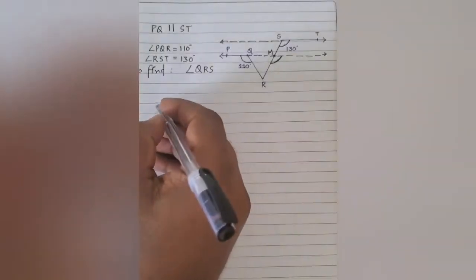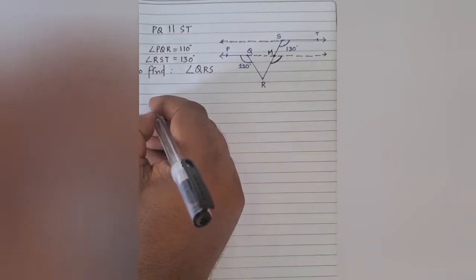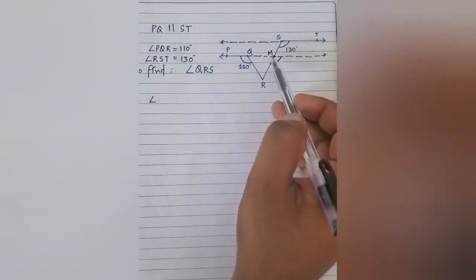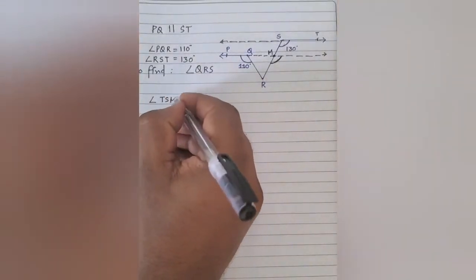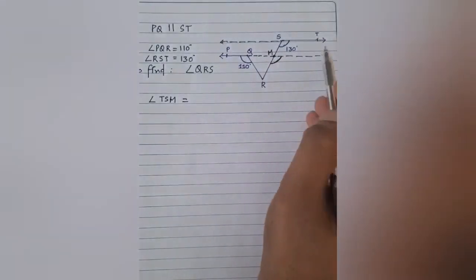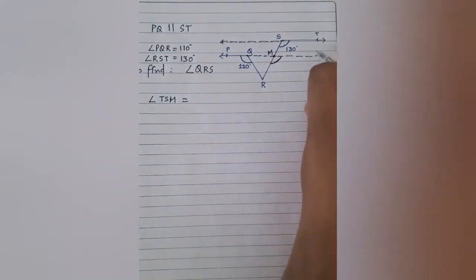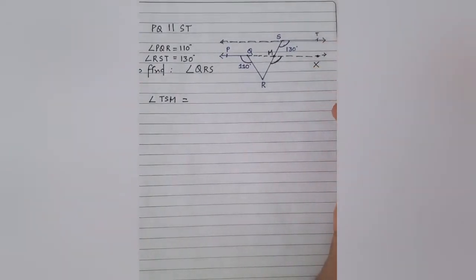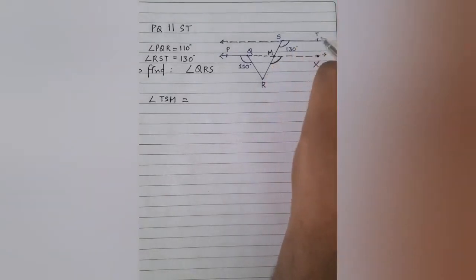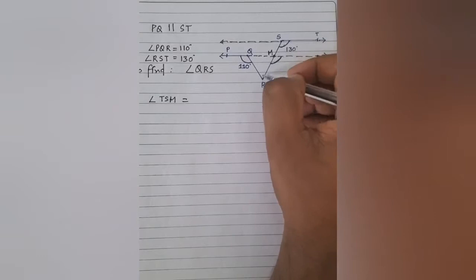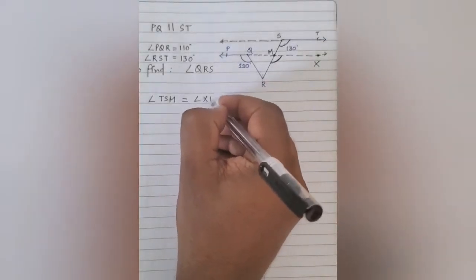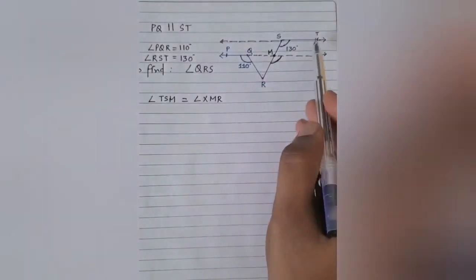So I will begin by saying that angle TSM, or TSR, as you wish, let me put it as TSM, is equal to angle, let me name this X. So XMR. So TSM, that is this angle, will be equal to angle XMR. And what is angle TSM?